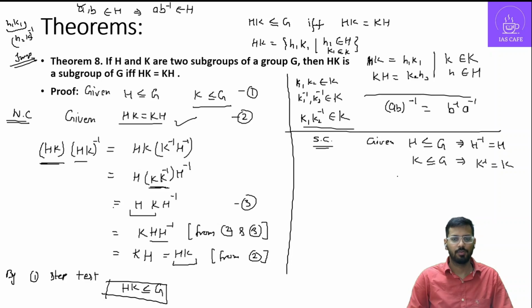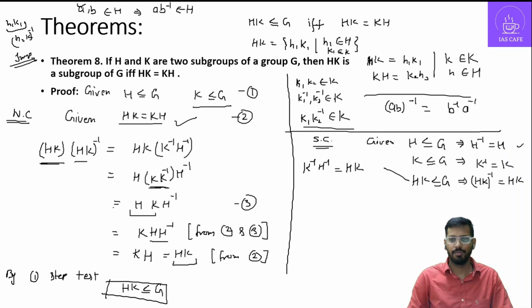Now third, it is given that HK is a subgroup of G, that implies HK inverse is equal to HK. Now, from this we can write K inverse H inverse is equal to HK.